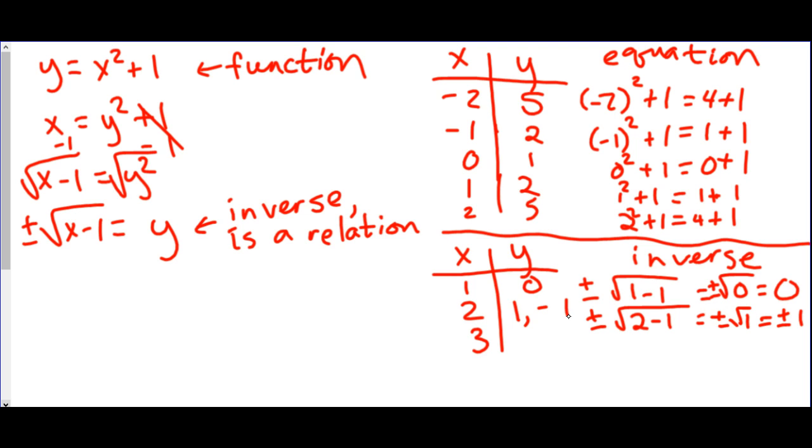There's actually two numbers there when we say plus or minus. And that's the big difference between a function and a relation. A function, it always is one x value to one y value, one x value to one y value. They go like that. Here we have one x value to two y values. That's a problem. That makes this a relation, not a function.